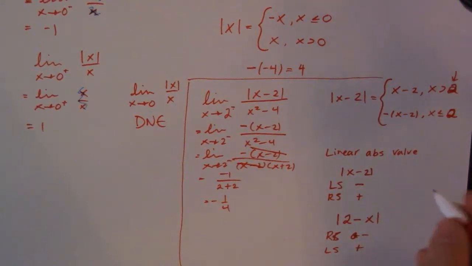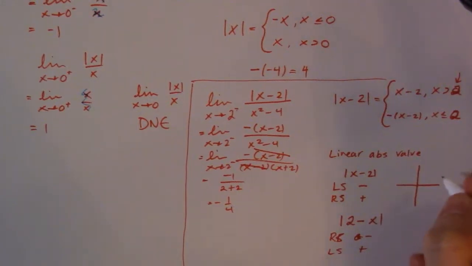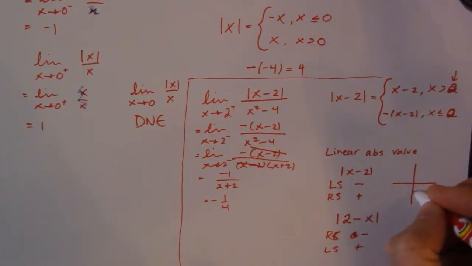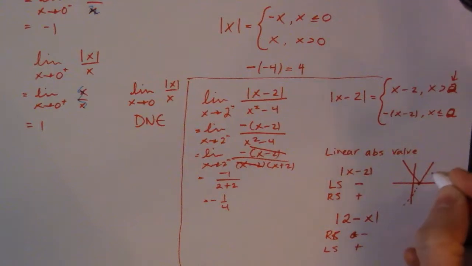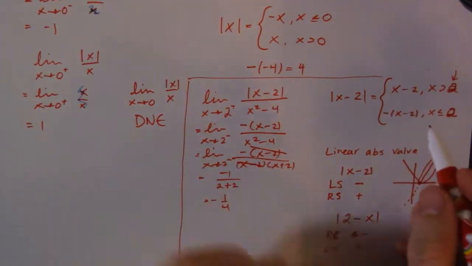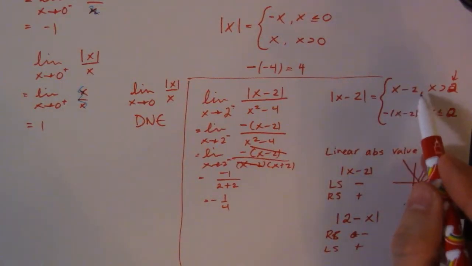So the reason why that is, of course, is that if you look at an absolute value function, and this is the absolute value function for this guy, so the x-intercept's at 2, it looks like this. But my original line is right here. So this is the piece of the graph that stays the same. So I always want to choose that guy to be like this, just the plus.